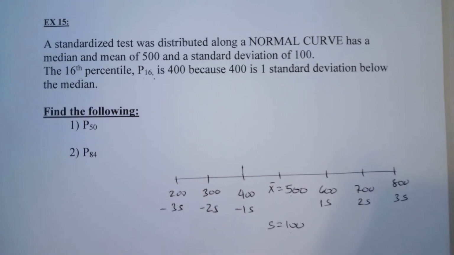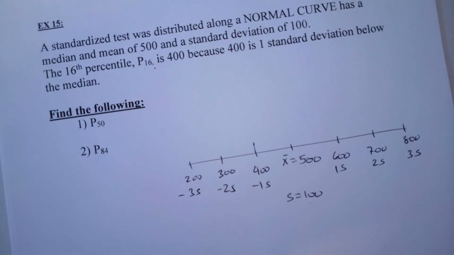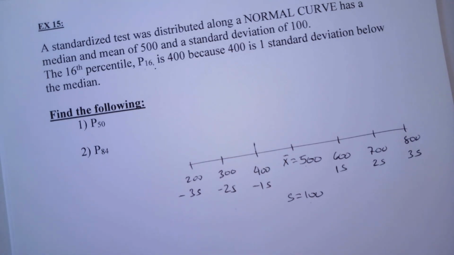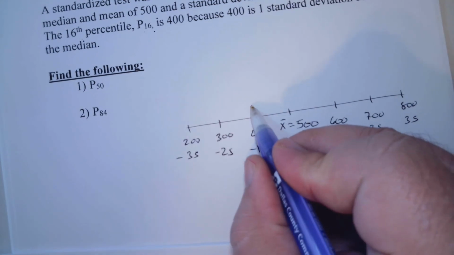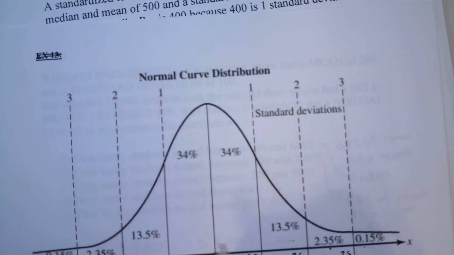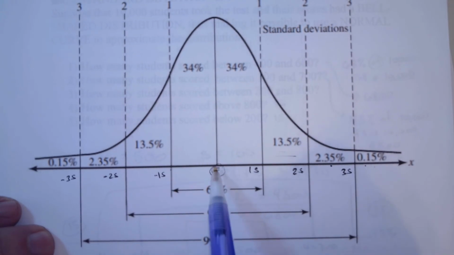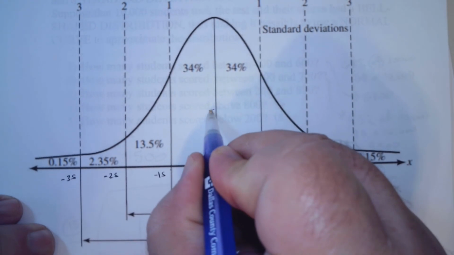All right. Now, where did that come from? Let me show you. Where's my chart? There it is. How do we know that this is the 16th percentile? Because, remember, from the first standard deviation to the mean is 34%. The mean is the 50th percentile.